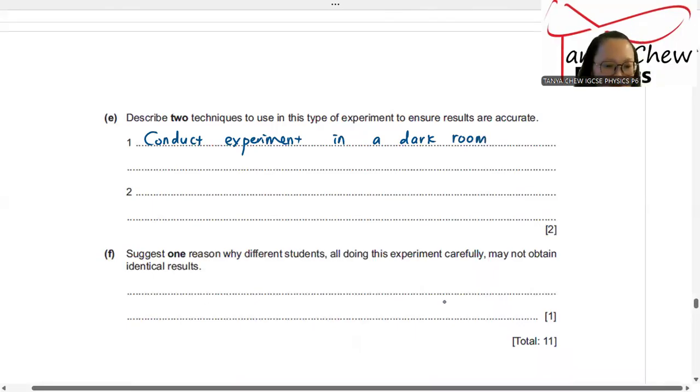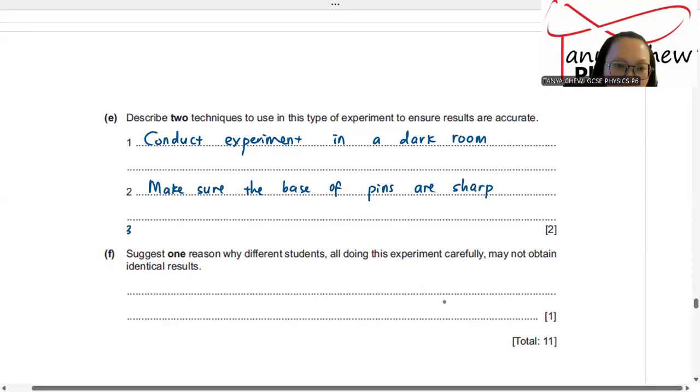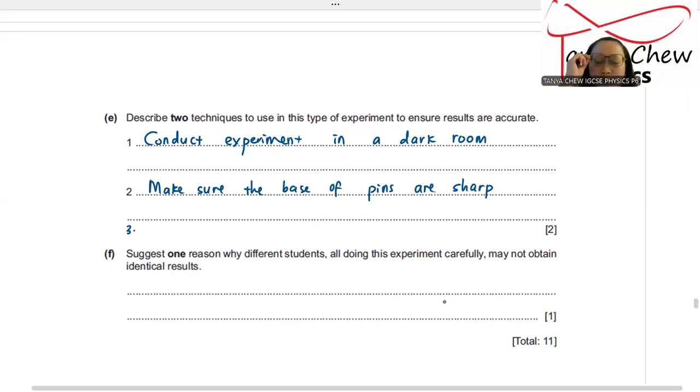Second, you might want to say, make sure the tips of pins are sharp. And maybe you want to say that maybe place a white piece of paper so that you can see clearer. Clearer is also okay, right?